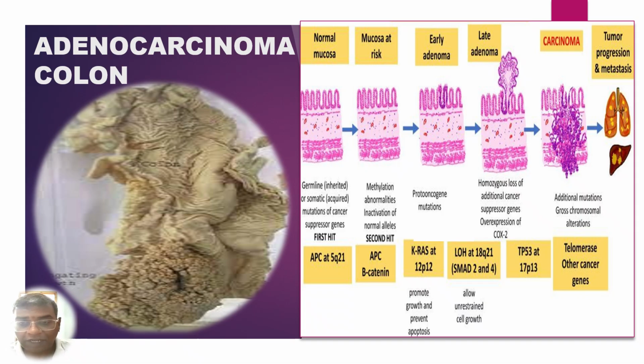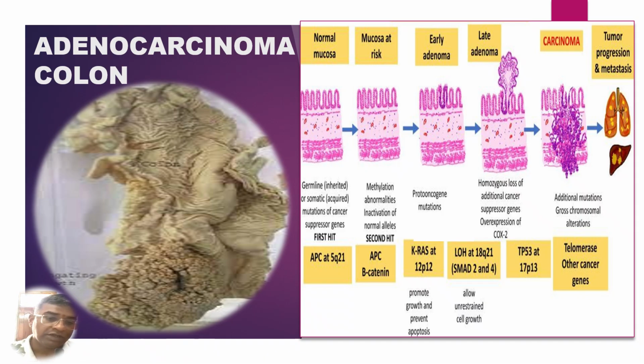Then from early adenoma, it will go into late adenoma with the loss of heterozygosity at 18q21, that is, SMAD2 and 4 are involved. Then this late adenoma will convert into carcinoma, which further progresses, and there will be metastasis.